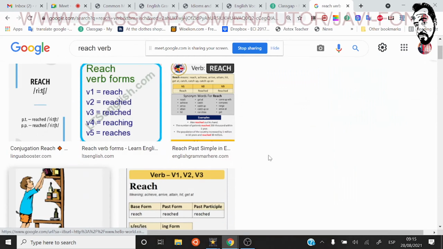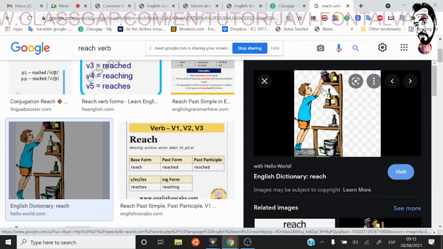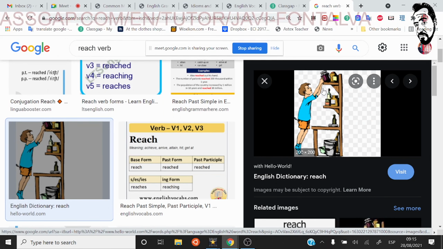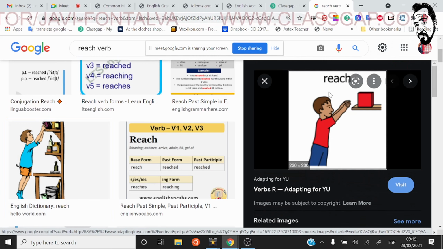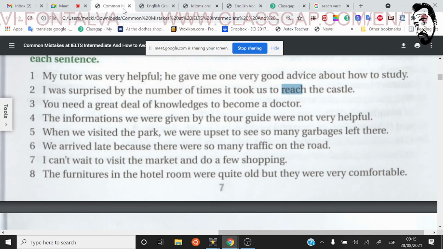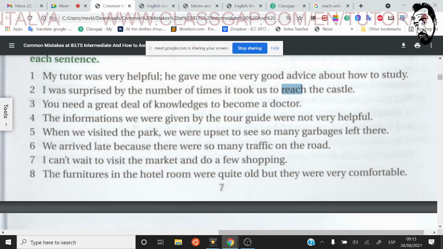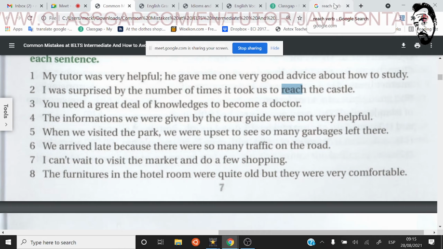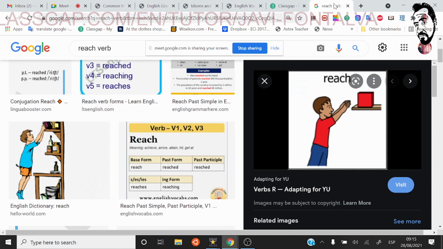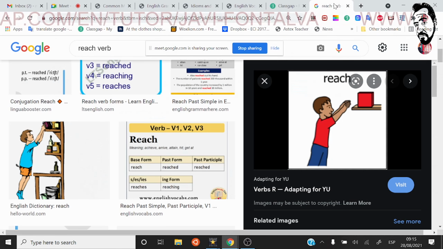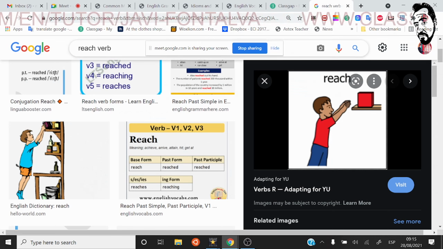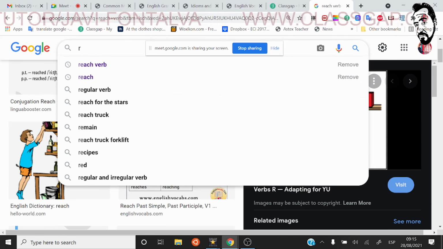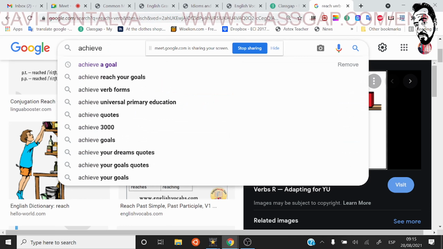If you reach something, it means it's near you and you can use your hand to take something. Alcanzar. Exactly. So to reach. With a target, we usually say achieve a target.